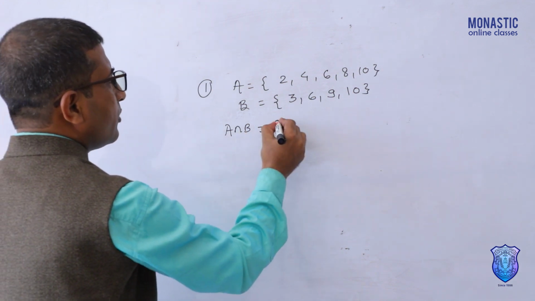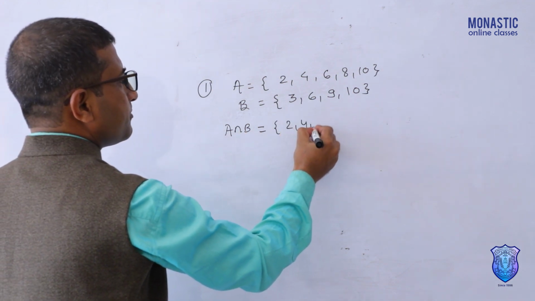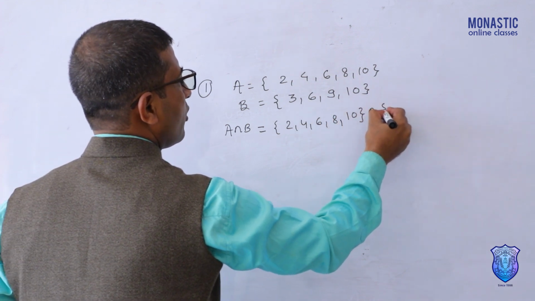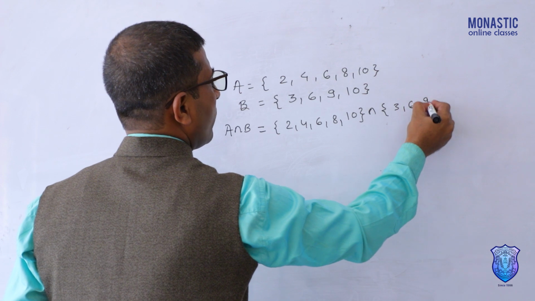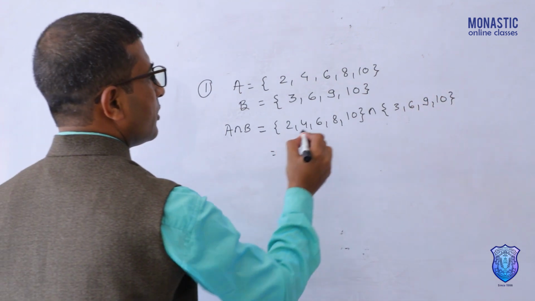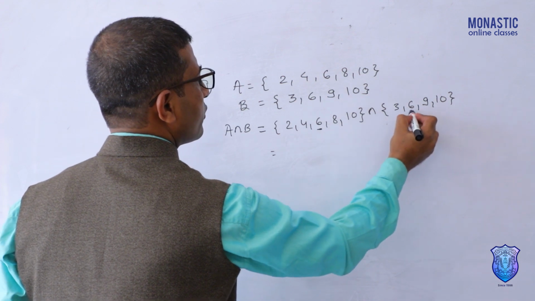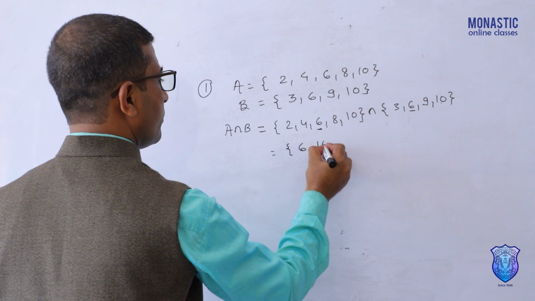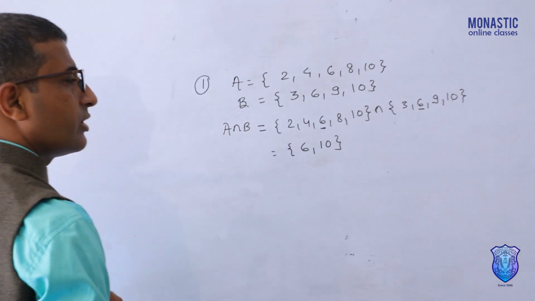You know, intersection means the common parts. What are the common elements? Here, common elements are 6 and 10. So, intersection of A and B is 6 and 10.